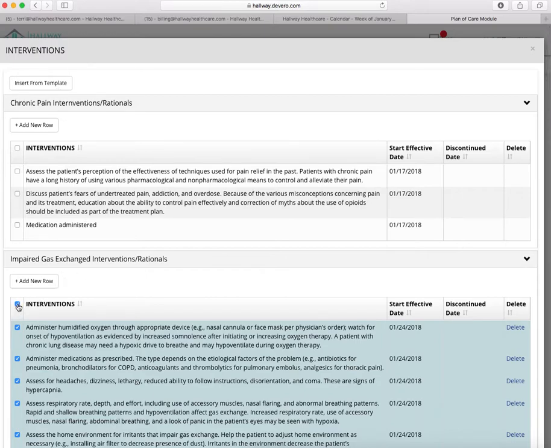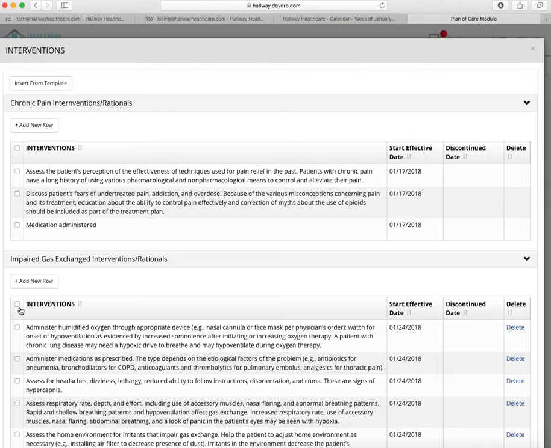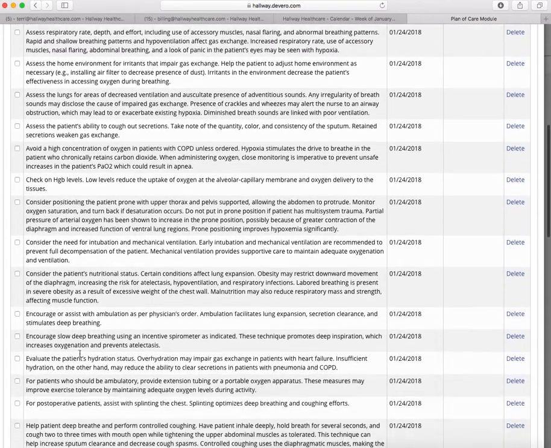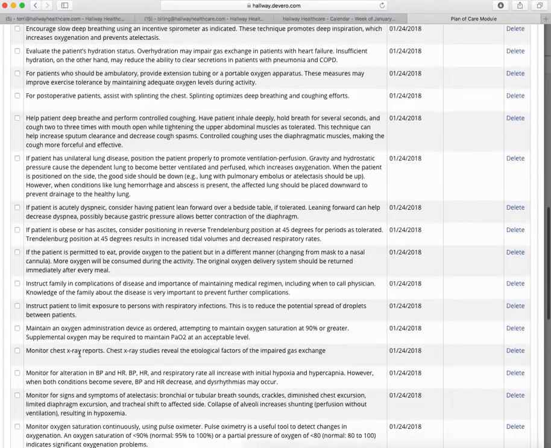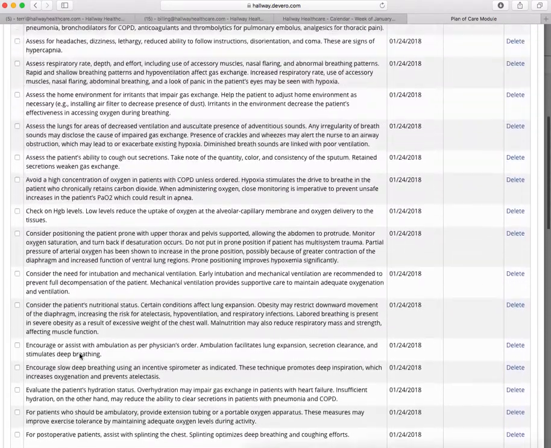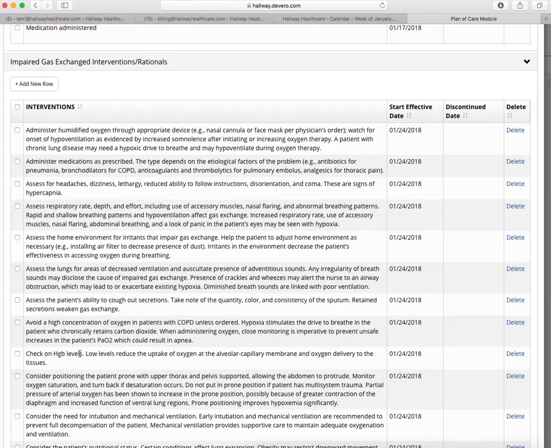So now I'm going to double click interventions to unselect them all, because I definitely don't want to be adding over 20 different interventions to my one Soapie note. I just want to pick about 2 to 3 of these. And usually you're always doing some type of assessment.